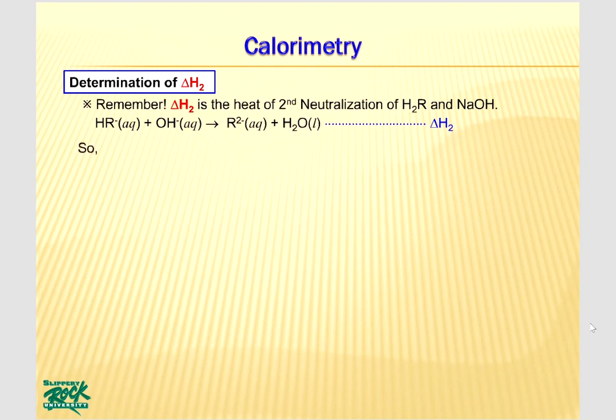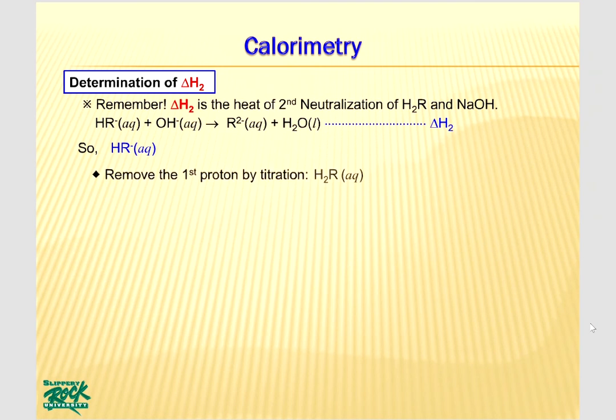An additional step is to remove a proton from H2R by titration and generate HR-. Keep in mind that H2R may undergo two deprotonation steps because it is a diprotic acid.